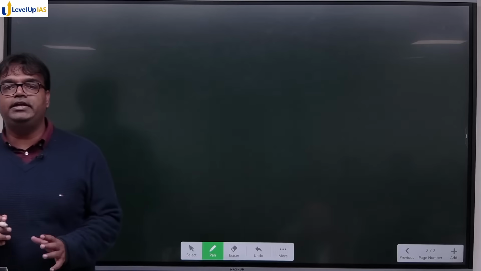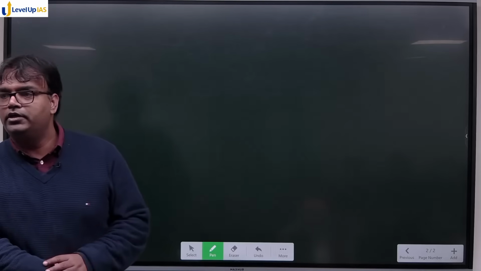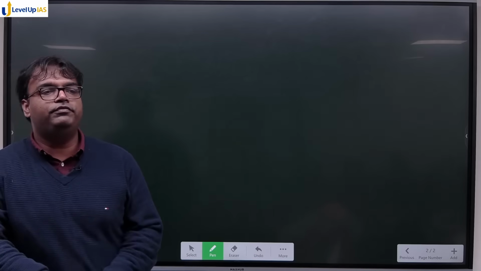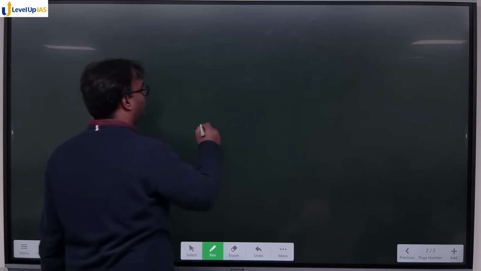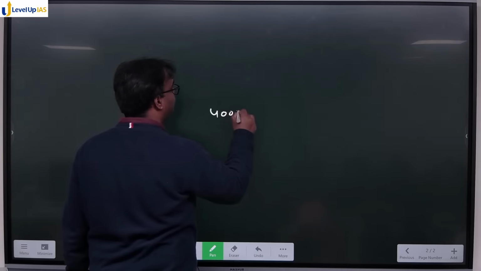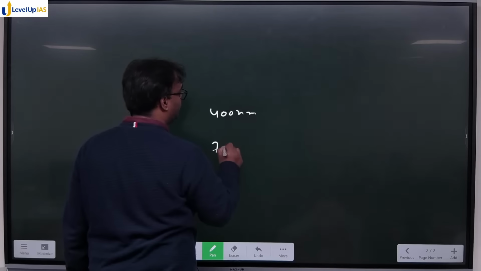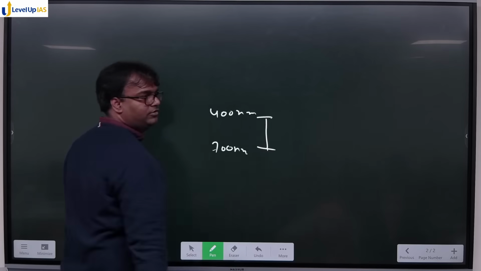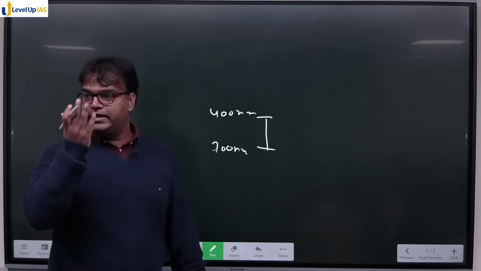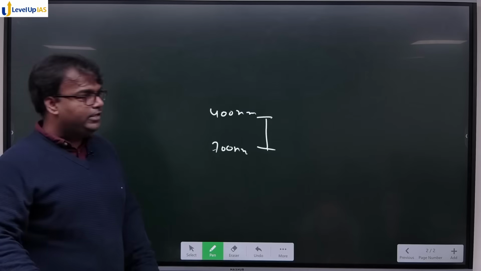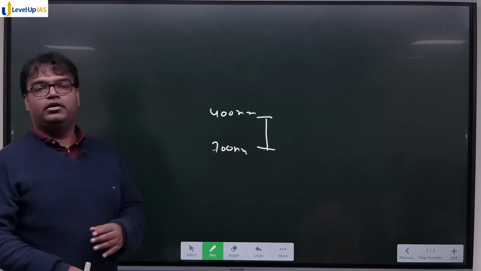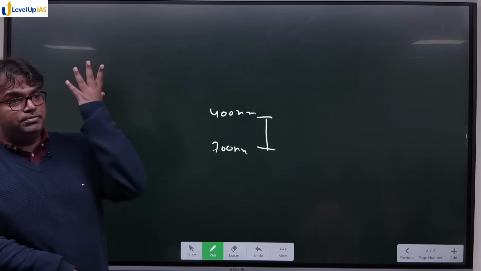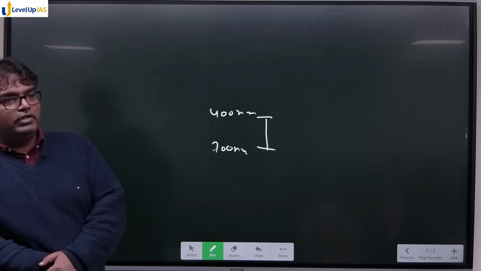Light is an electromagnetic wave. An electromagnetic wave of wavelength 400 nanometers to 700 nanometers is visible light, which our eyes can observe. But there are also wavelengths of meters, and even many kilometers.